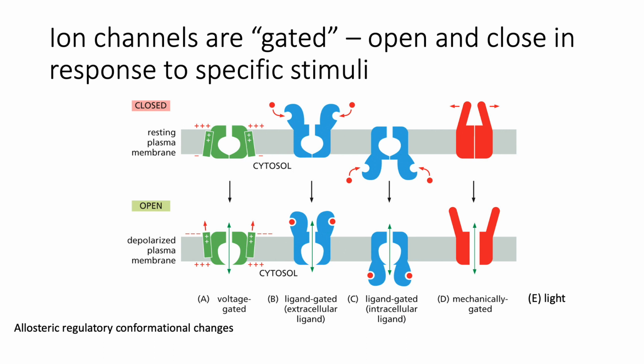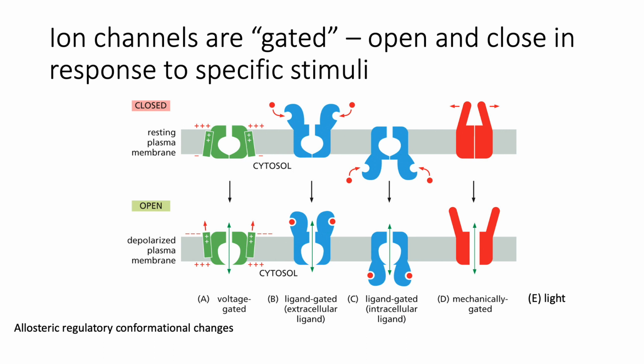There's mechanically gated channels. That is, contact or some force on that channel will allow it to open up. So that would be like the sense of touch. When you touch something, the touch is actually moving ion-gated channels, which allow the nerve impulses to begin.